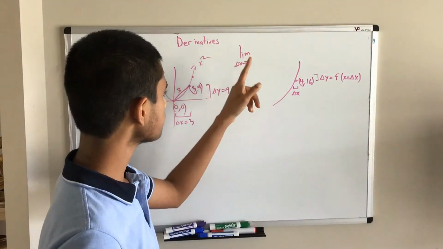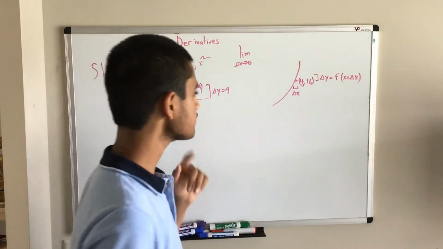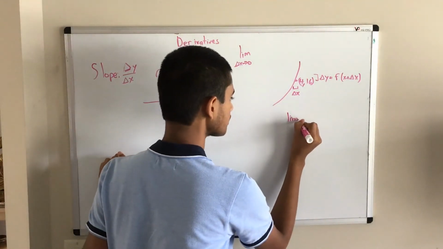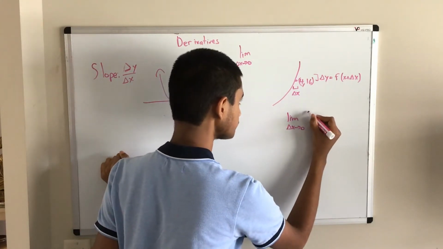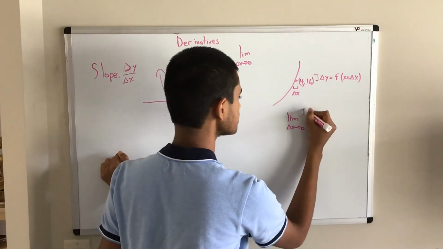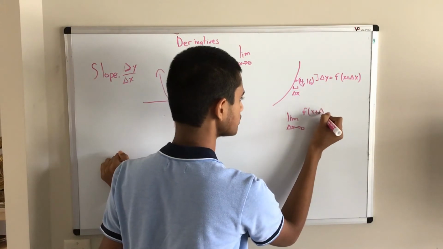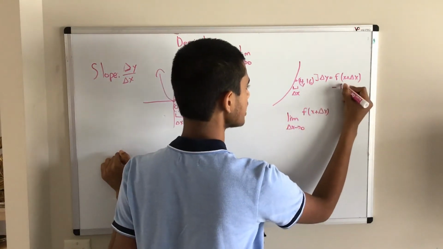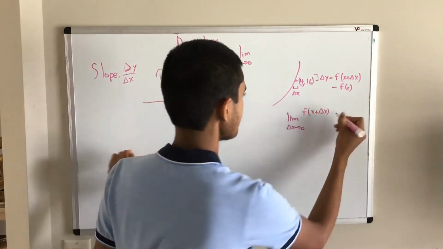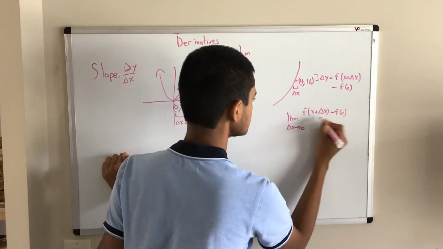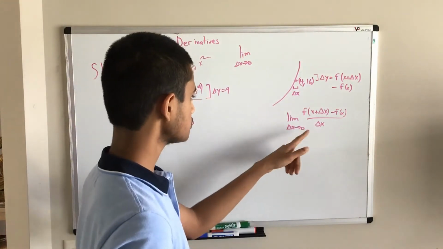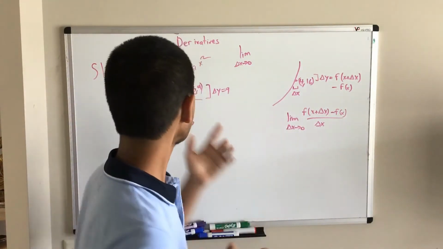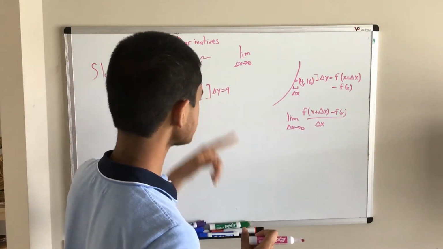So we can rewrite the formula of slope applying to derivatives as the limit as the change in x approaches 0 of delta y, which is simply f of x plus delta x, and then obviously you have to subtract f of x because it's a change, minus f of x, divided by delta x. And delta x just remains the same.